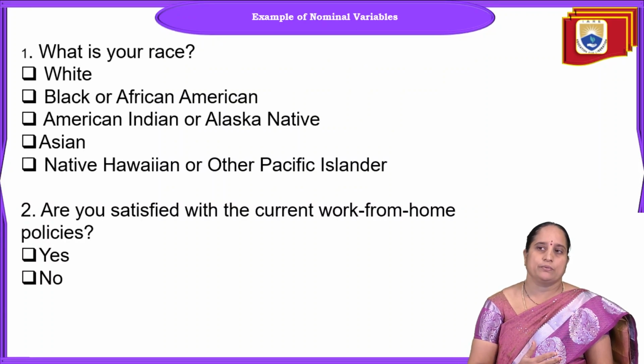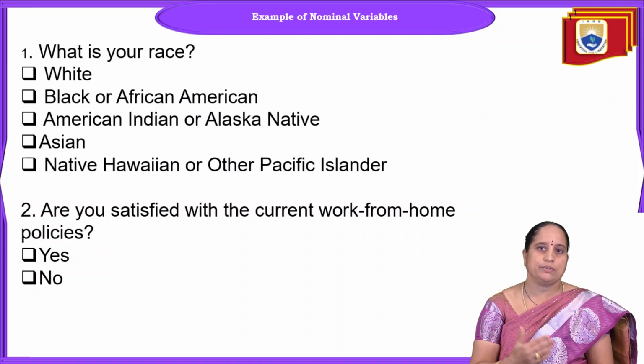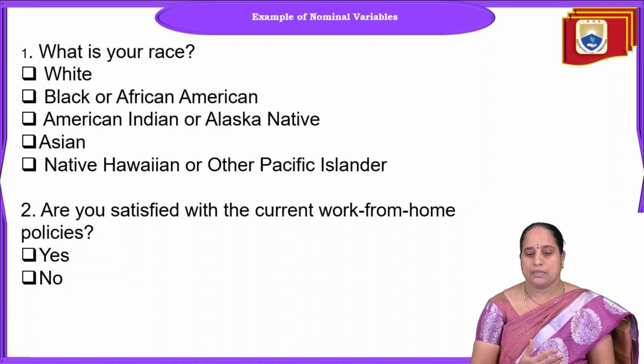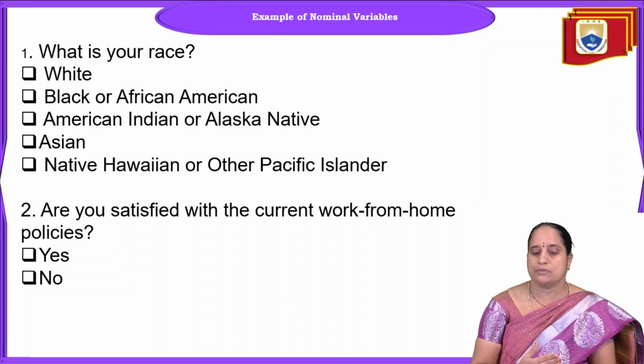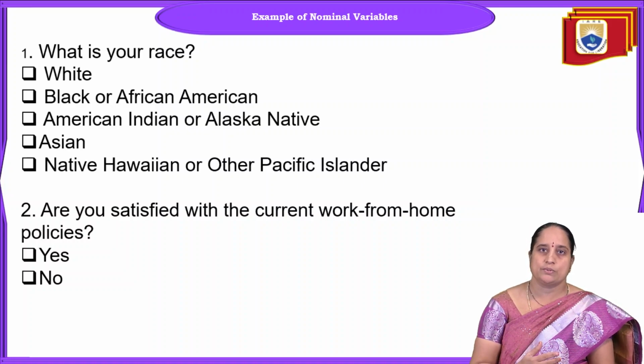For example, if you consider race, what is your race? We used to give different types of options: white, black or African American, American Indian. Like that we used to give different options. From that, the respondent has to choose only one option.